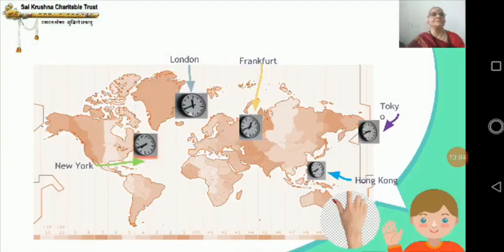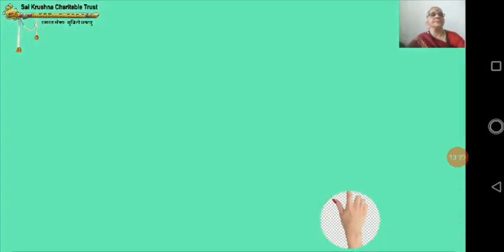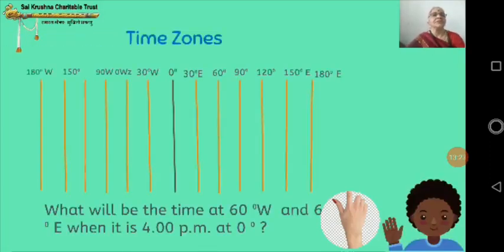Good. Now what is this? This is the time you can see at New York, London, Frankfurt, Tokyo and Hong Kong. They are all situated in different parts of the world, and based on the time zone you have different dates. The time zones. Here you have a question.